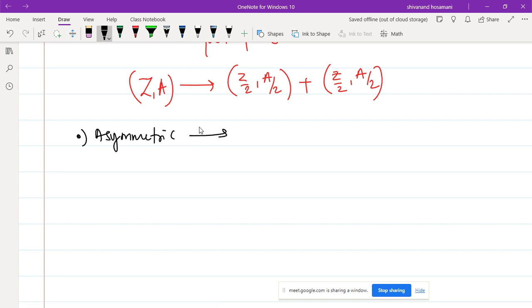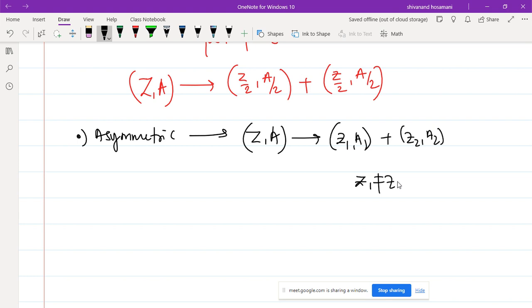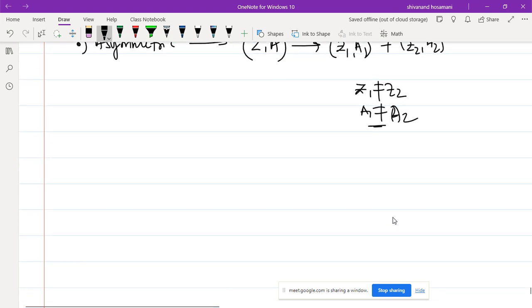Asymmetric, can I define, that is Z with A, another atomic number nucleus ಇತ್ತು. So it is going to split into Z1 A1 plus Z2 A2. ಈ ತರ ಡಿವೈಡ್ ಆಗ್ತಿತ್ತು ಅಂದ್ರೆ ಇಲ್ಲಿ Z1 is not equal to Z2, A1 is not equal to A2. ಸೊ ಆ ಪಾರ್ಟಿಗೆ asymmetric ಅಂತ ಕರಿತೀವಿ.